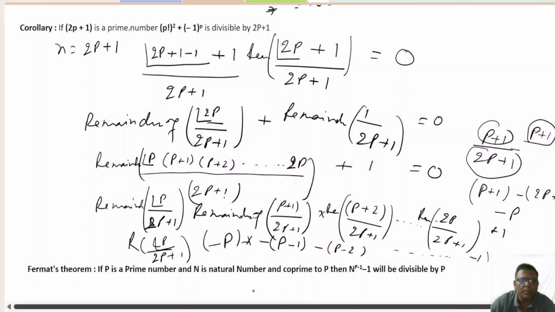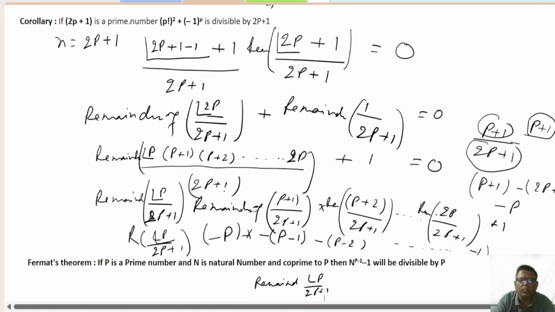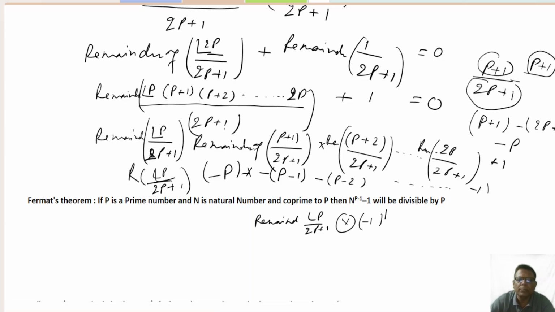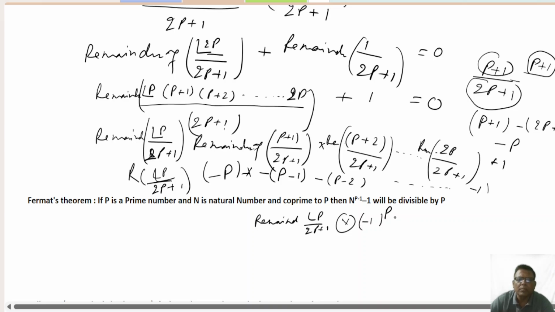So this will be the remainder of factorial p by 2p plus 1, times minus 1 to the power p, multiplied by p, p minus 1, p minus 2, up to 1, plus 1.